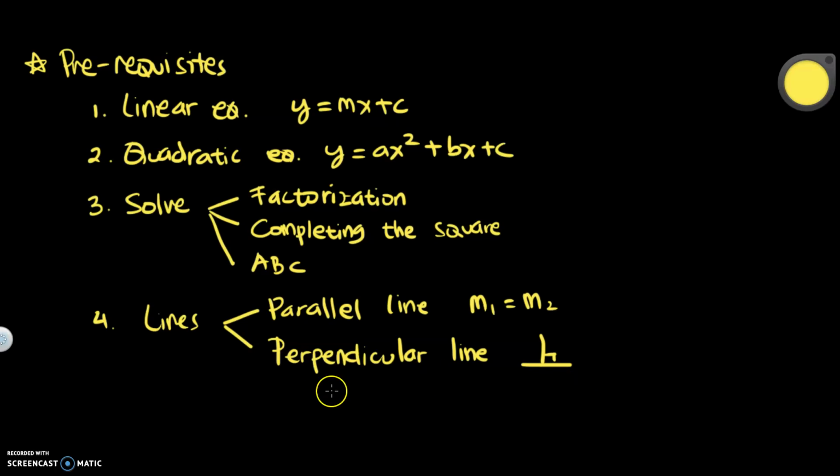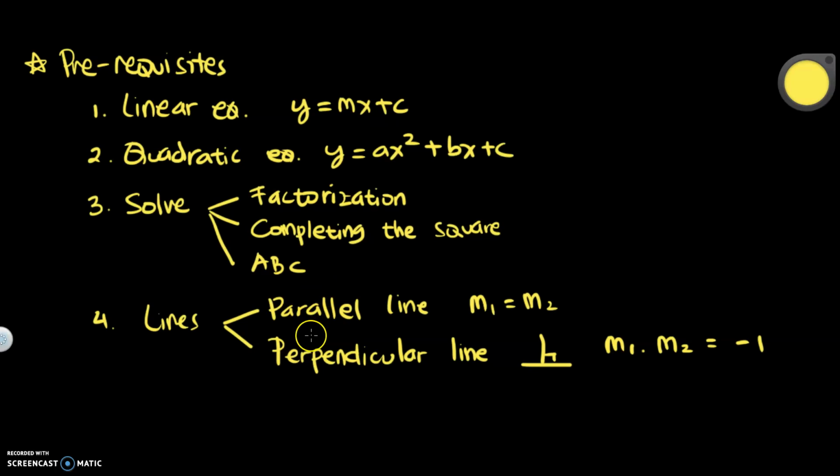In perpendicular lines, the relationship between the gradients is that the first gradient multiplied by the second gradient will give you -1, right? So parallel lines have two gradients that are the same, and perpendicular lines have gradients that equal -1 when you multiply them together.